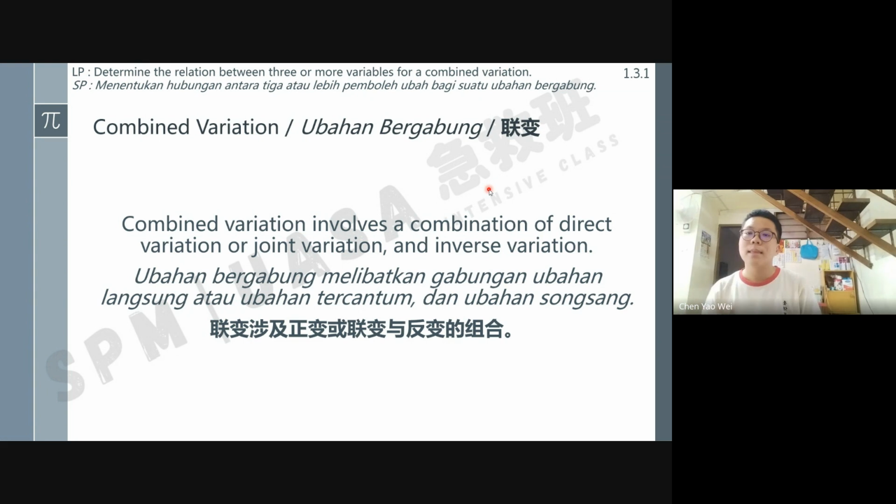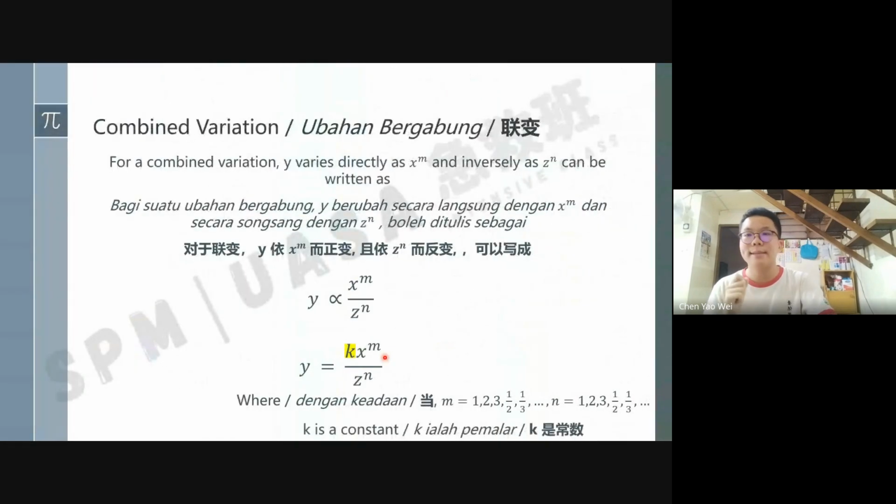One goes up, another one goes up, but another one goes down. So when we want to represent that, we put it like this. The proportional sign is still there. And remember to note this constant. It's always there, it doesn't change anything. And it is still the same thing that you learned just now.